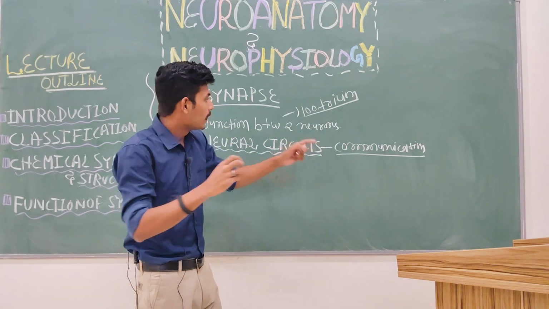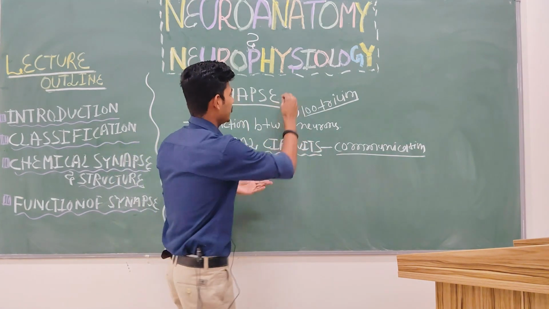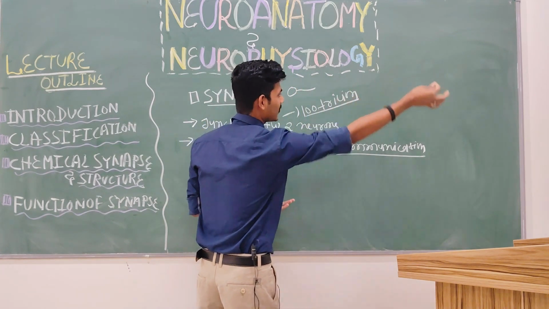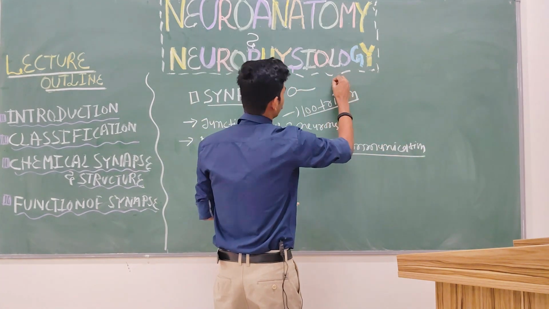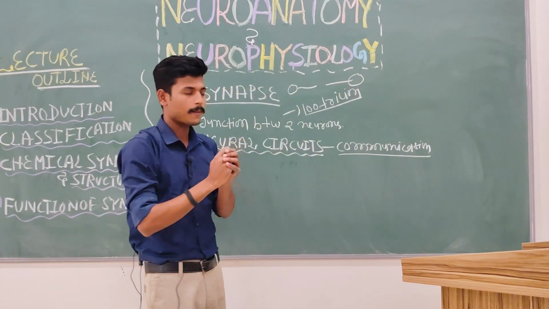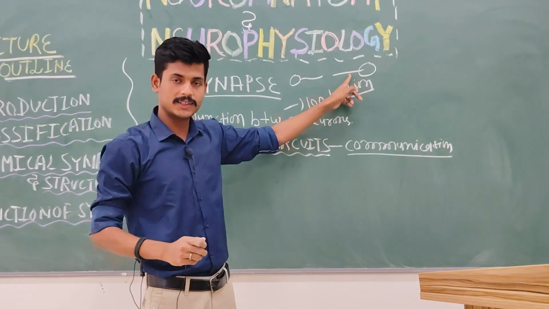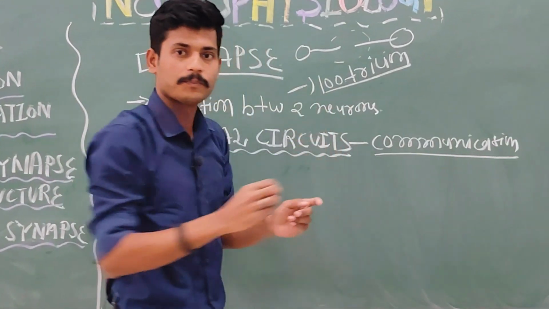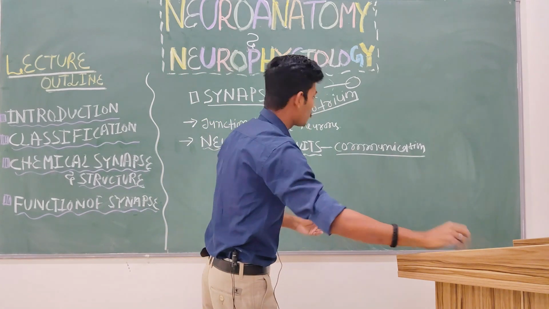Now see, this is one neuron, and there is another neuron. Suppose this is one kind of neuron, oriented like this, and it needs to communicate with this neuron so that they can make one kind of circuit.